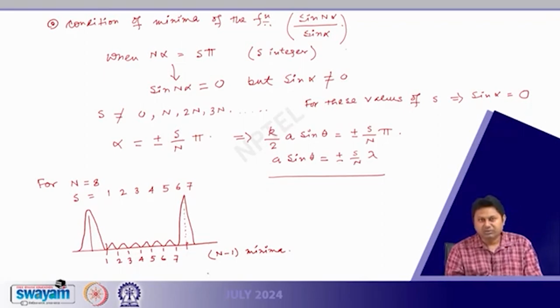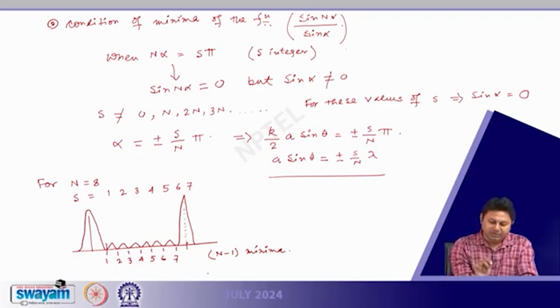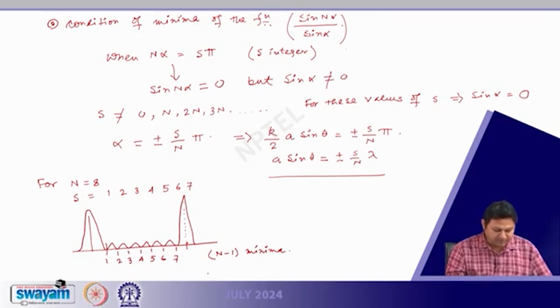So, it depends on the number of slits. If we know the number of slits, then we can define how many minima there are. And how many maxima are there in between these minima?